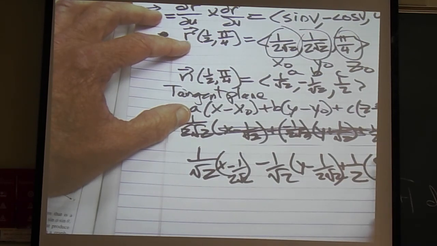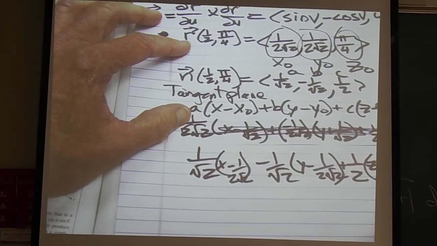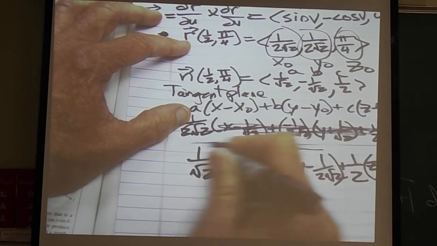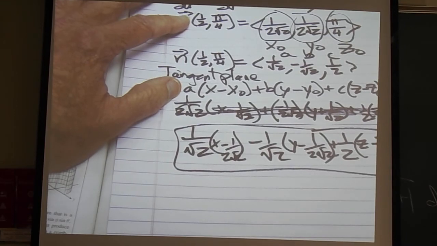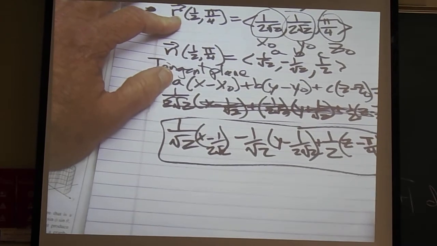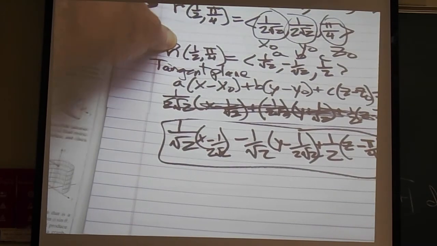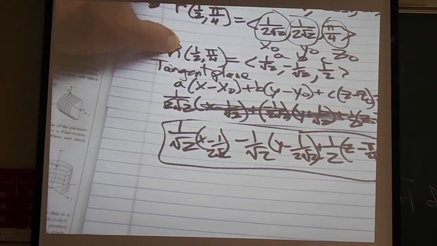Plus 1/2 times z minus z0, which is z minus pi over 4, all equals 0. And there it is, an equation of the plane. You probably want to multiply this through by 8 or something to get rid of the denominators and make it look a little simpler. But there's the equation of the tangent plane that you can get using these parametric surfaces.